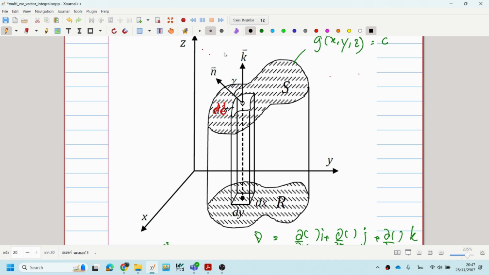At that same point, there is some area d sigma defined by the normal vector n. In this case it is projected down to the 2D XY plane, which means I need to use the operator n dot k for the projection.